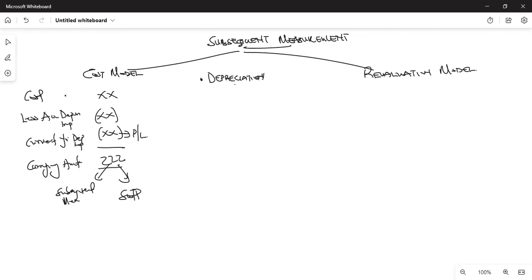You will see in some of the examples that we'll be doing why the standard did not use the cost for the definition. The cost will just be for the very first year. All right, so that is that. The systematic allocation of the carrying amount of an asset over its useful life. That is the definition.